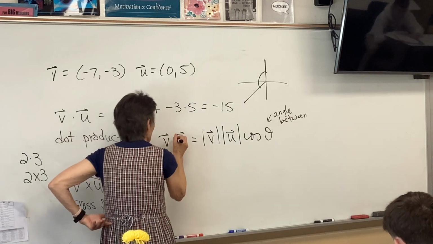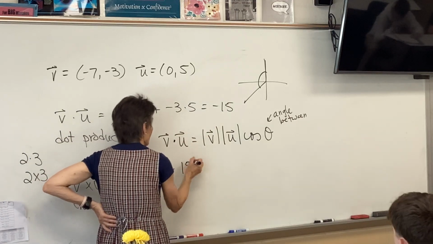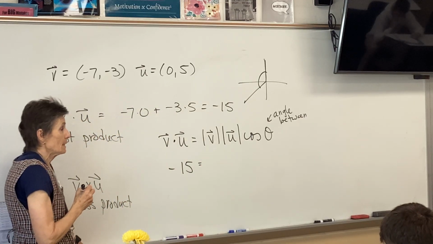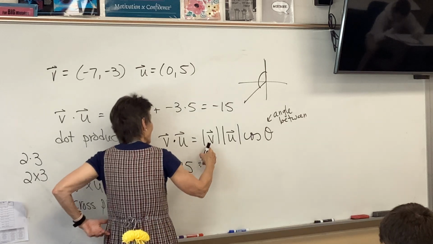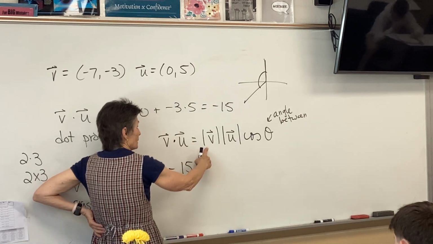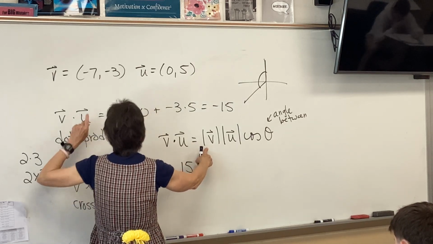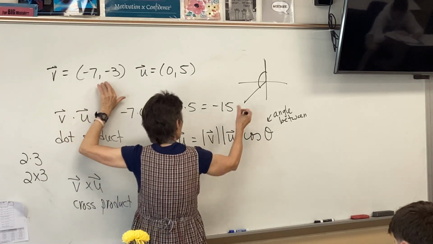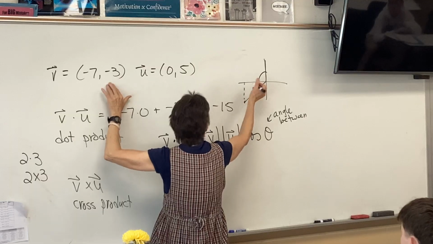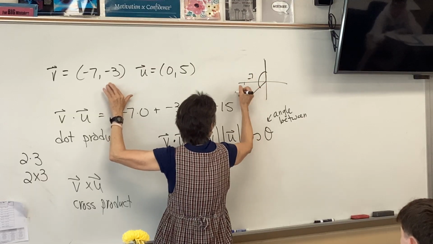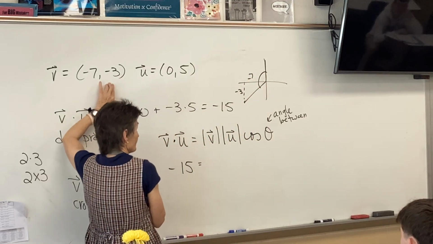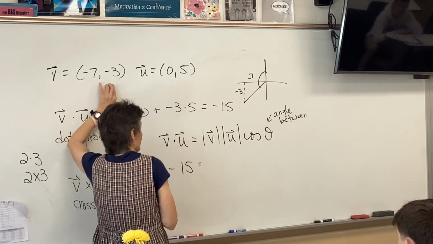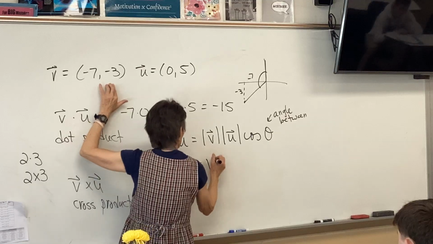So the dot product, which we already know is negative 15, is equal to the magnitude of the first vector. I think we did that the other day. Does anybody remember? What is the magnitude of the vector that goes left 7 and down 3? Square root of 58.